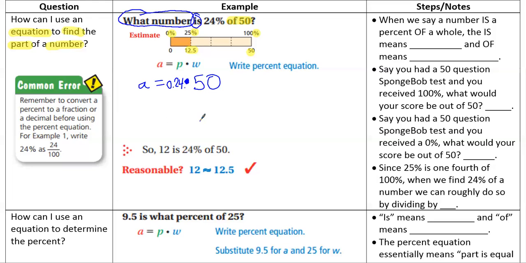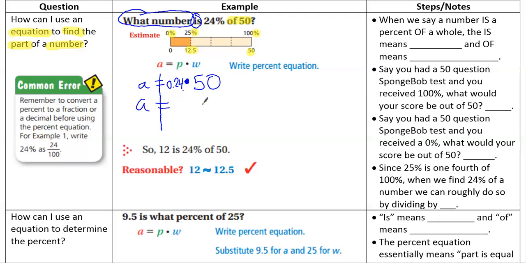All right, so in this case, solving the equation is easy because the variable's already by itself. I don't need to do anything to both sides. I don't need to use the properties of equality. I can just simply go 0.24 times 50.